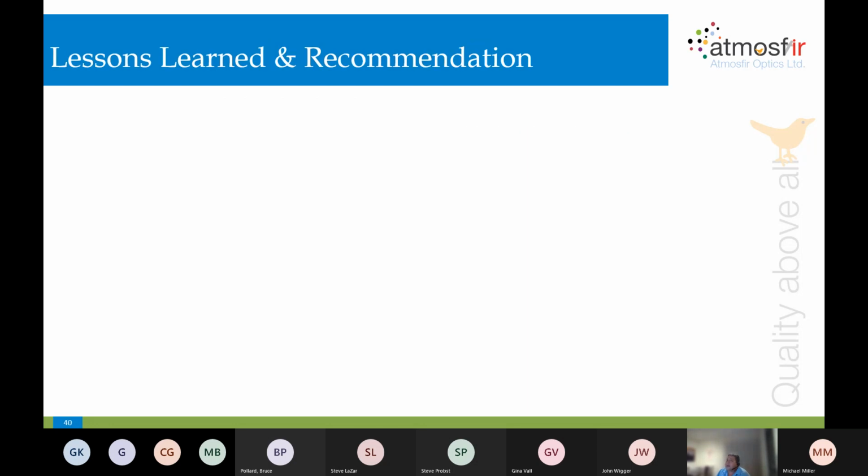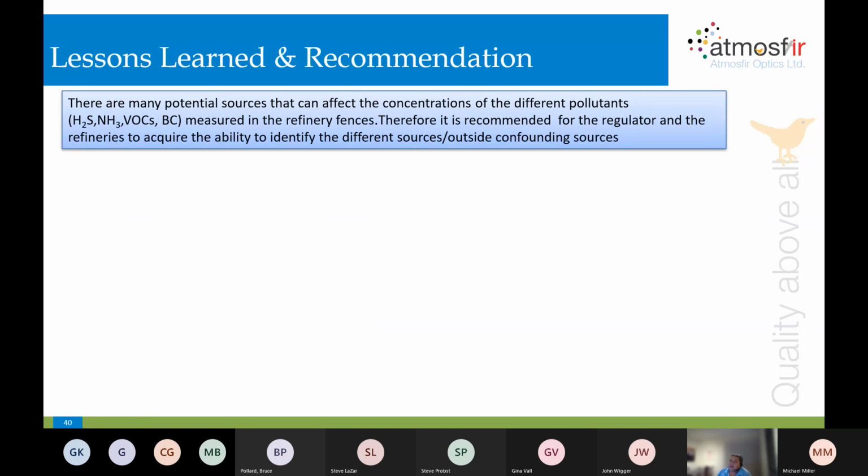That leads us to the lessons and the recommendations. And I think with that, we will finish. So there are many potential sources that can affect the concentration of different pollutants. We saw the example of H2S, but we know that there are many potential sources for ammonia, for sure VOC, and black carbon.